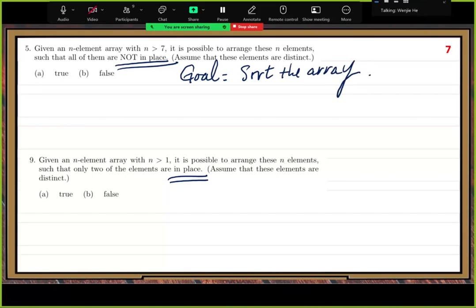Zach, I'm answering your 2 questions from last time. So given an array, let's imagine we want to get the array sorted.